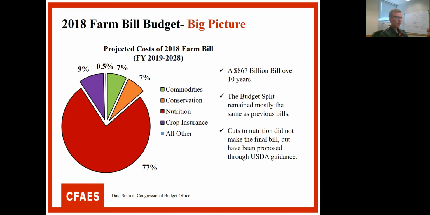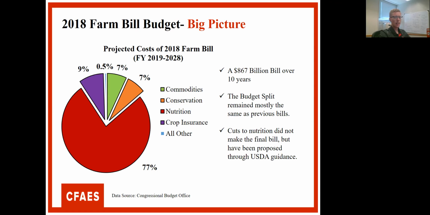Largely, if we look at the makeup across the country, out of the 435 congressional districts, only 35 of them are considered rural. So you have to figure out ways to appeal to those other 400 congressional districts, and nutrition programs are largely the way to get votes to pass the bill. Same way with conservation.